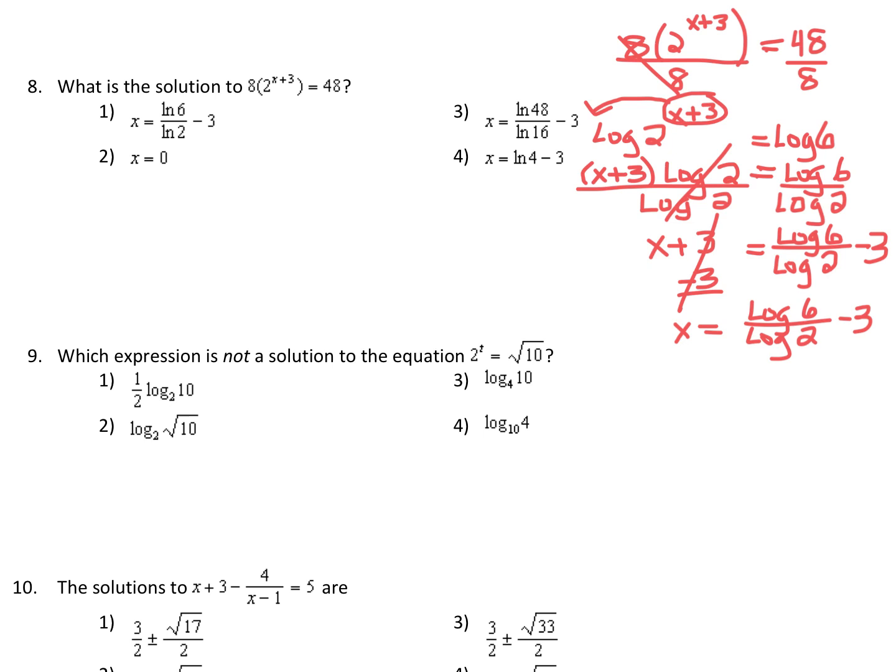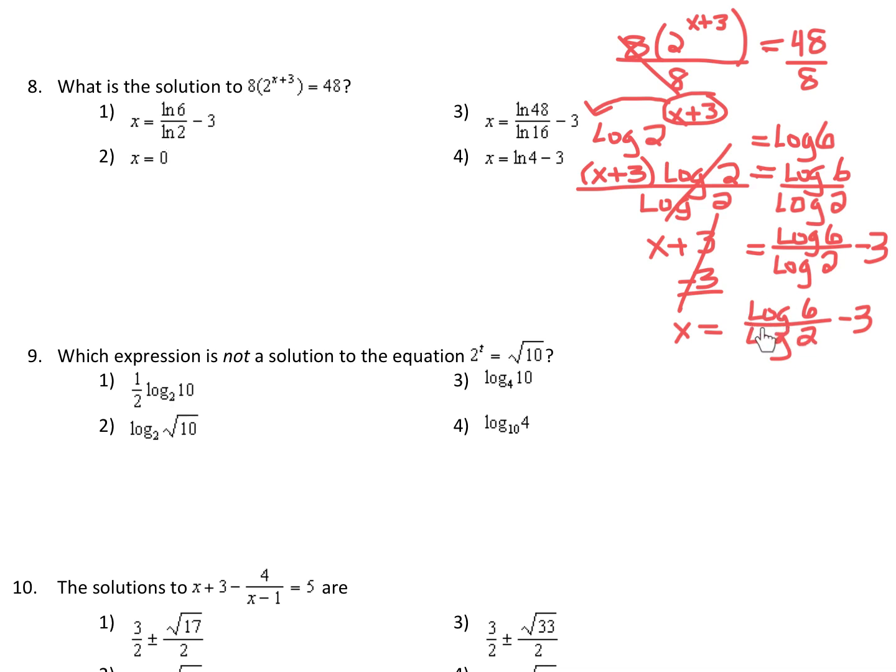Now, this is the only thing. When you look at the answer choices, choice 1 says the same thing, but they're using an ln instead of a log. And technically, you're really supposed to be using an ln when we're dealing with an e. But if you take log of a number divided by log of some other number, it's actually equivalent to taking ln of that number divided by ln of that same number.